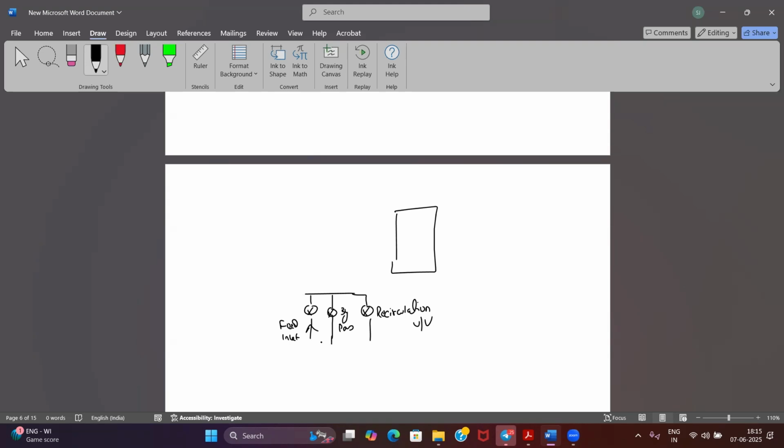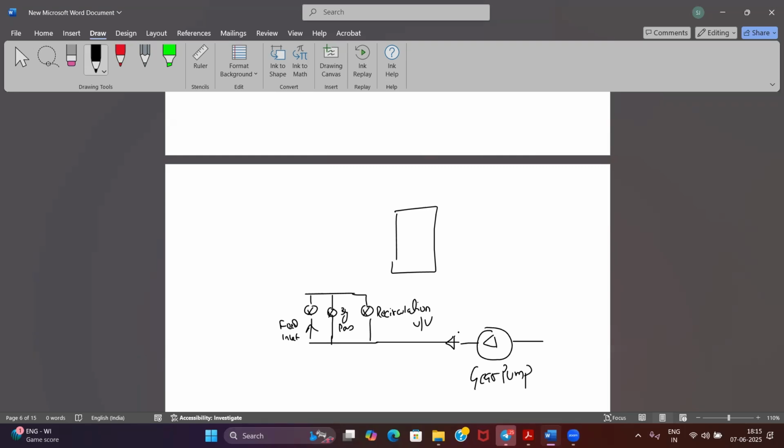Now what kind of pump is your feed pump? A gear pump, right? Okay, no problem, attached gear pump. So let us say a separate gear pump is there.